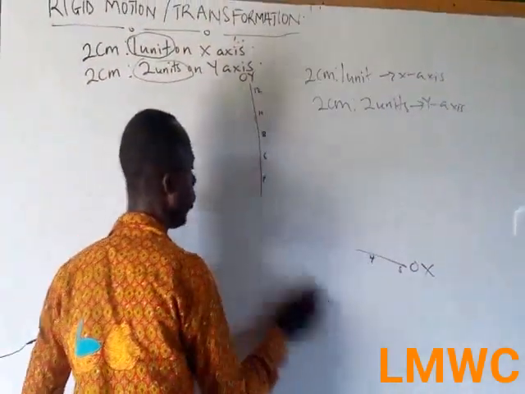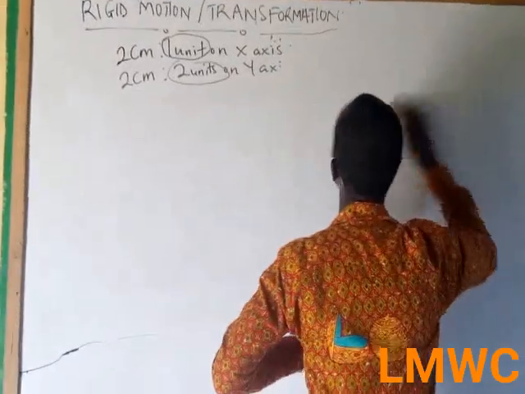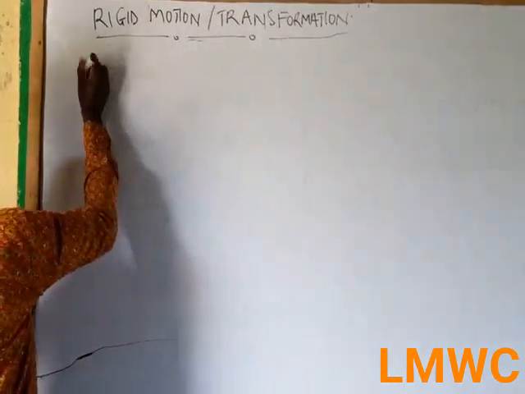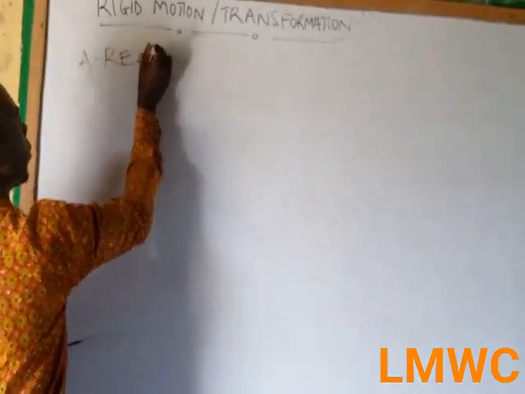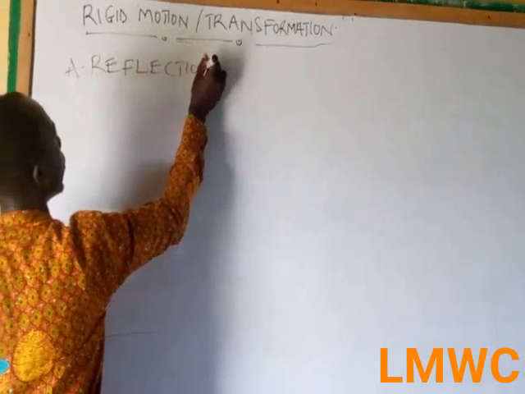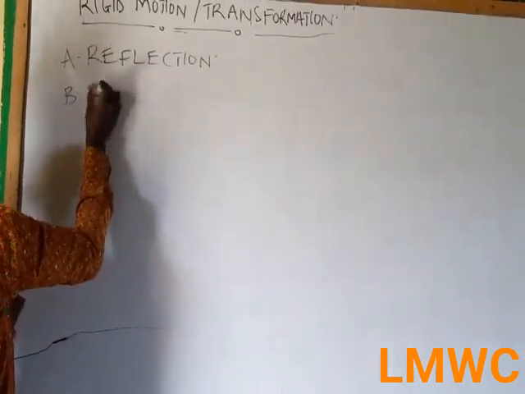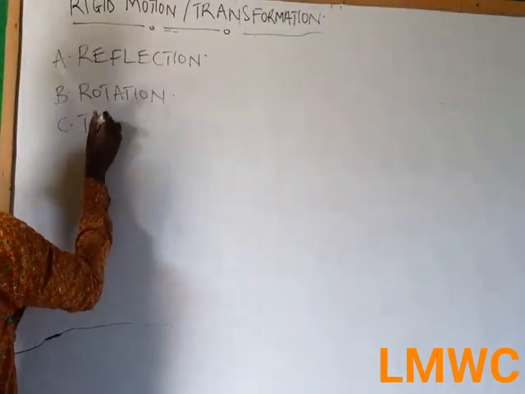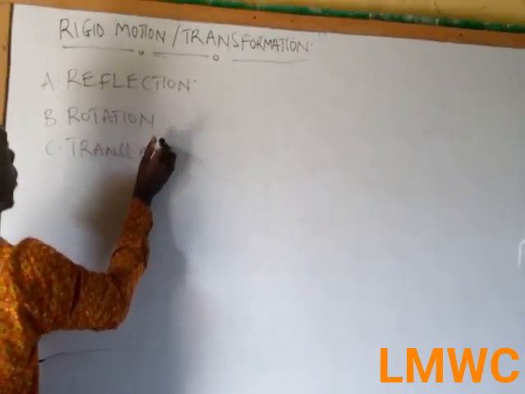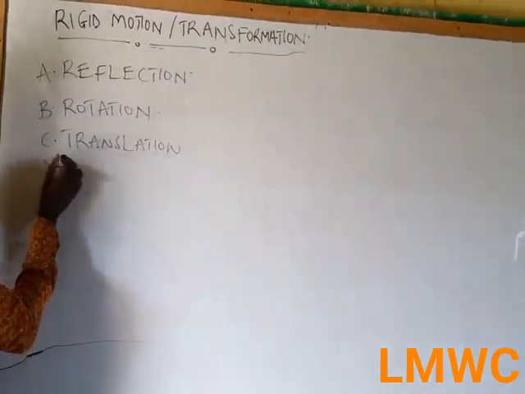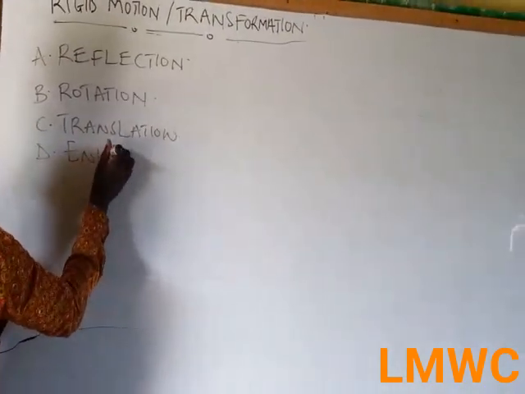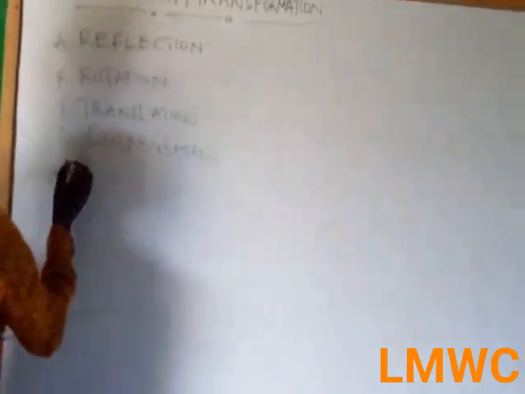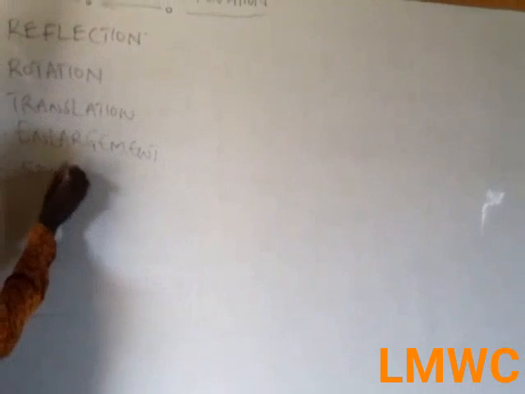The headings we have: A, reflection; B, rotation; C, translation; D, enlargement; and G, special marking.